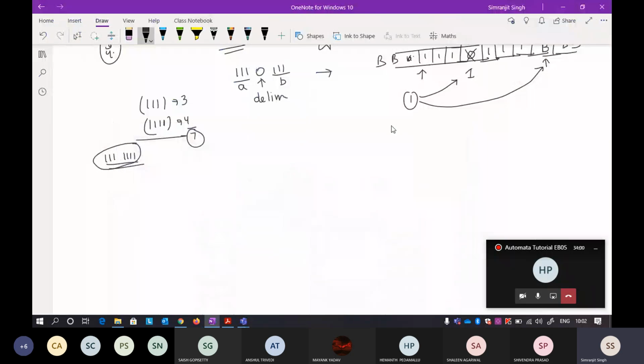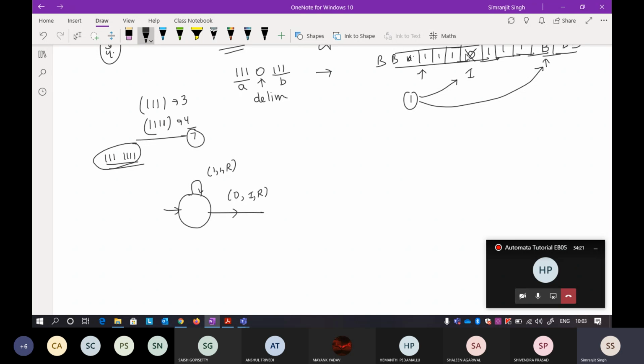The first step is that your pointer will be at the first one. When you are seeing a one, you do not do anything, keep the one as it is and keep on moving right. When you face the first zero, turn it into a one and keep moving right.